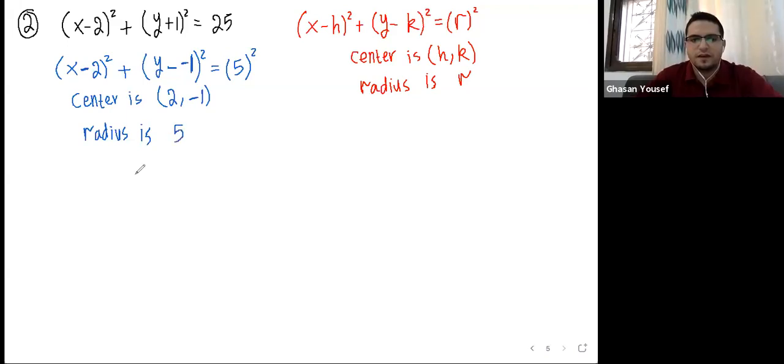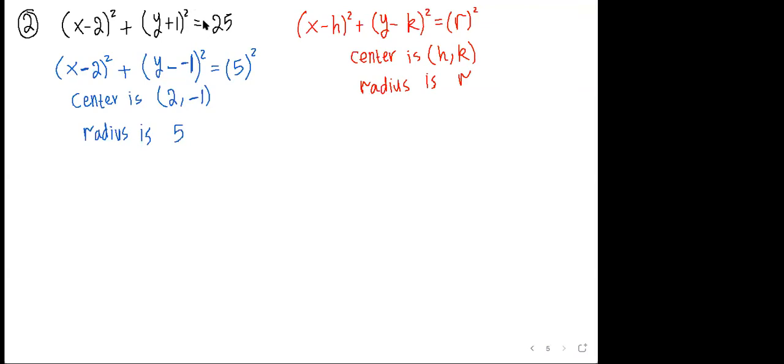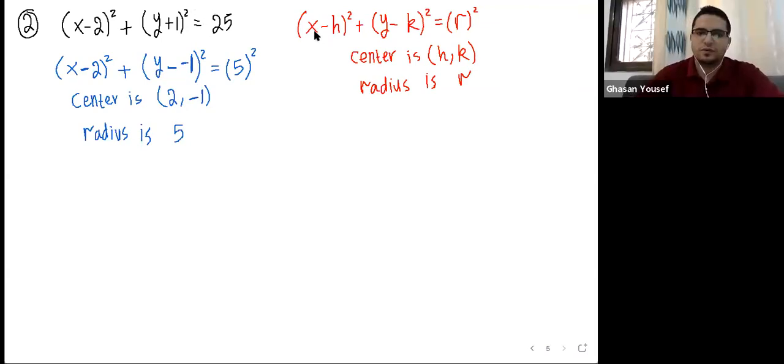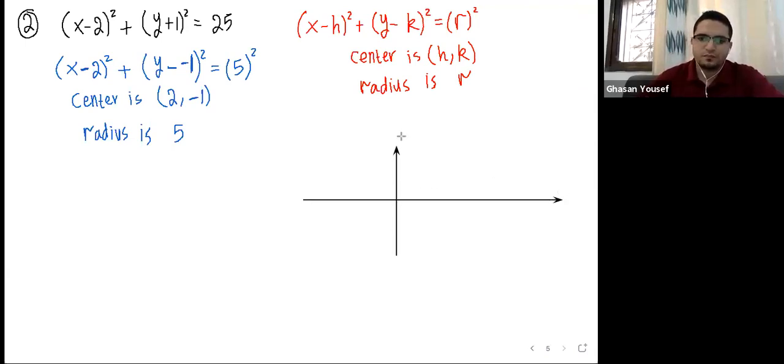That's correct. So the center is (2, -1), and the radius is 5. Now to graph this one, the same as before, we draw the x and the y axis. So this is my x axis, and this is my y axis.